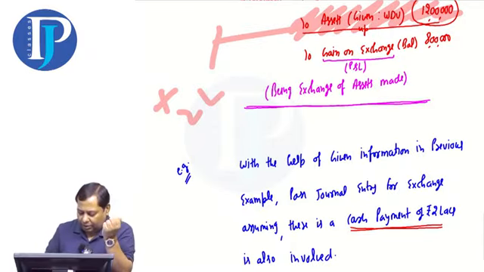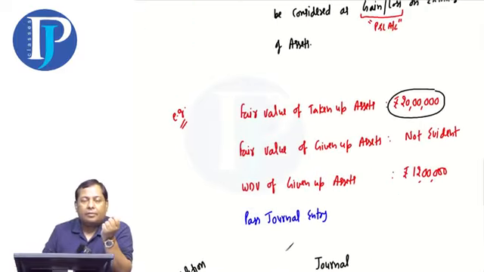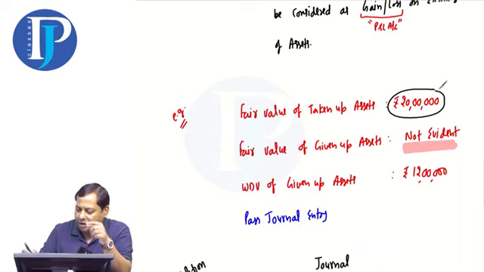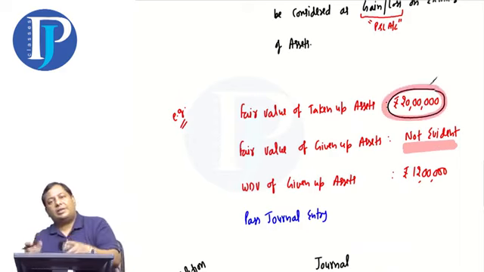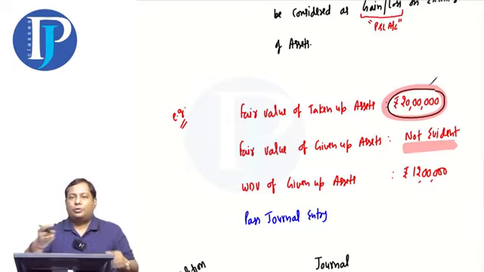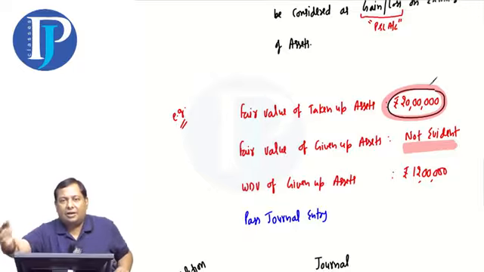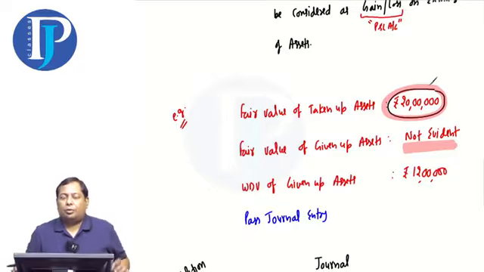But tell me this first. How will we recognize it? Do you know the given up assets' fair value? The answer is no. So what do we prefer? We prefer the taken up. Taken up is worth 20 lakhs. It will remain 20 lakhs. We got a 20 lakh asset. In exchange, a carrying amount of 12 lakhs was given up and a cash payment of 2 lakhs. So 14 lakh rupees are gone from your pocket.